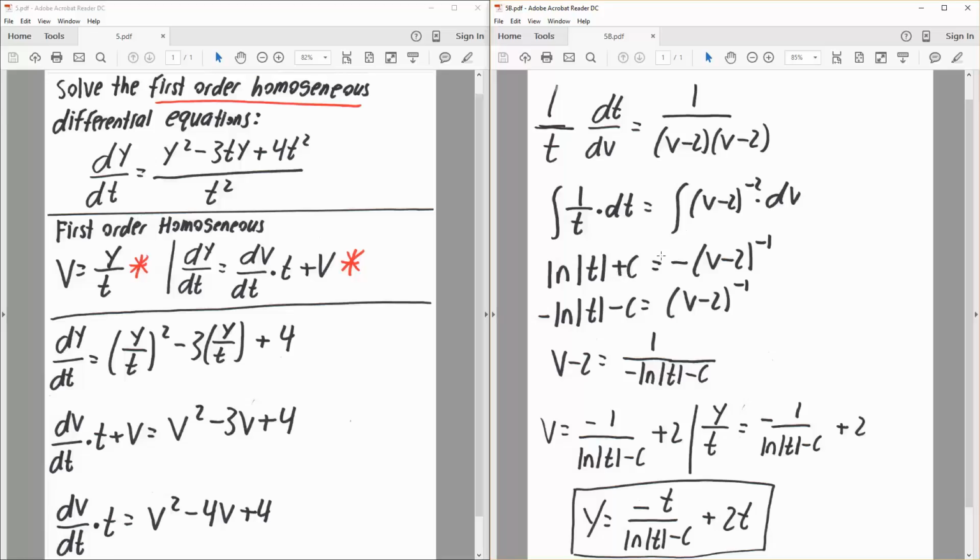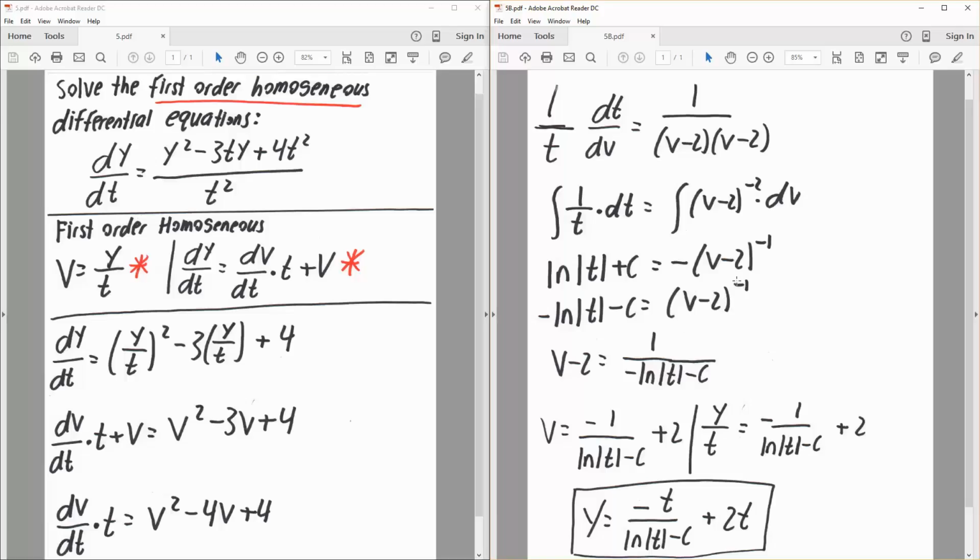And so the next thing we're going to want to do is remove the negative. So if we say times negative 1, we also need to do times negative 1 here. So we would get negative ln absolute value of t minus c is equal to (v minus 2) raised to negative 1.